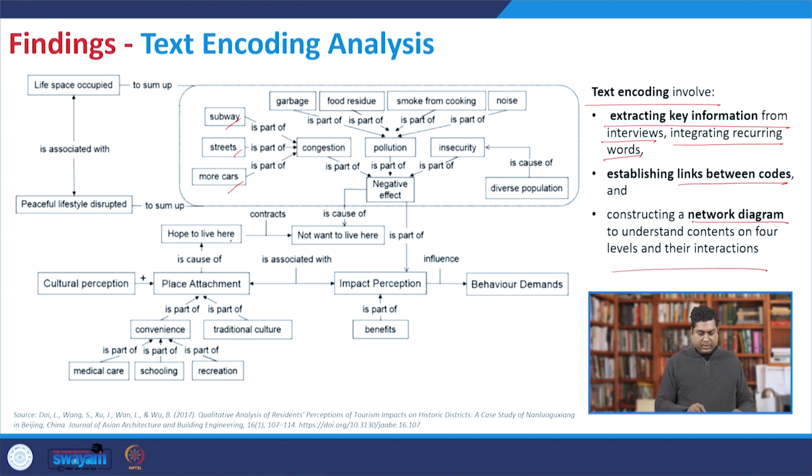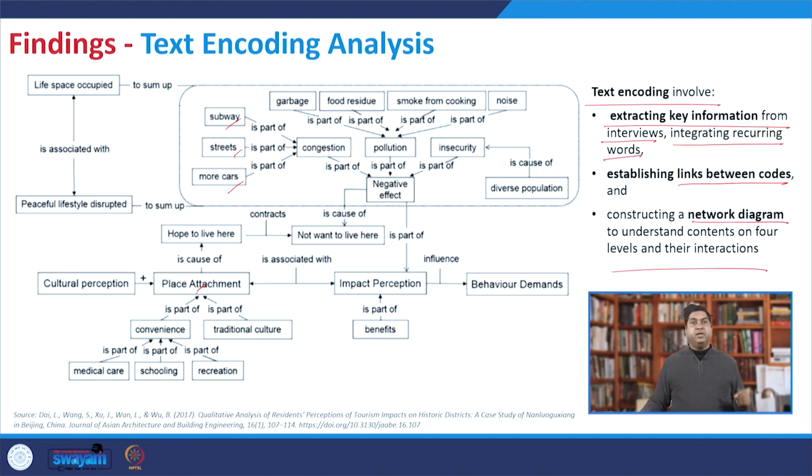Now, obviously, when you hope to live here, it is related to the cultural perception or place attachment, whether place attachment is a part of the convenience and the traditional culture.